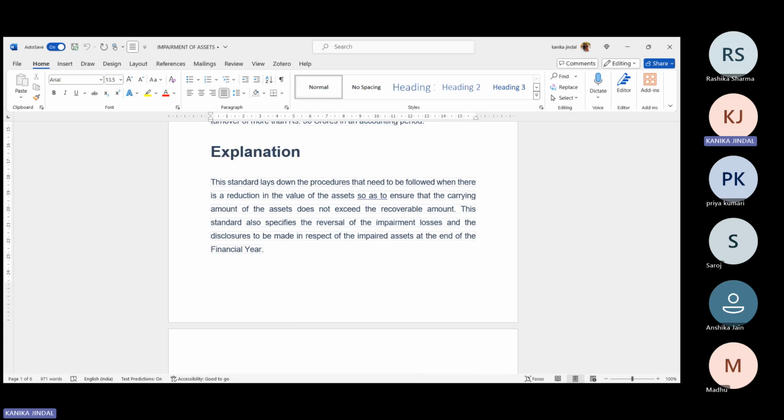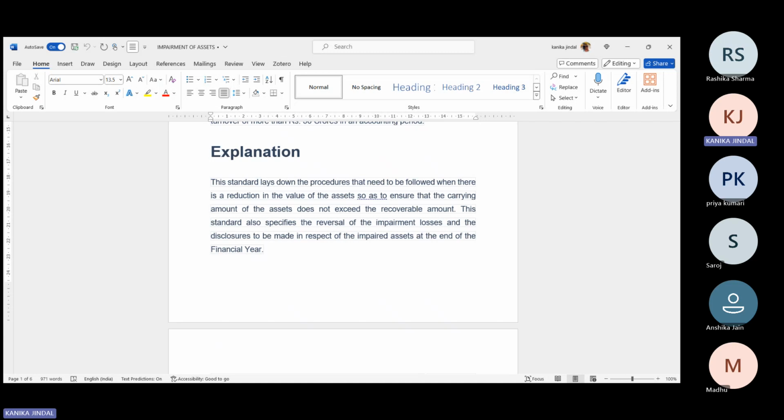So impairment of an asset means the carrying amount is more than the recoverable amount, and this standard lays down the procedures which need to be followed in that situation.